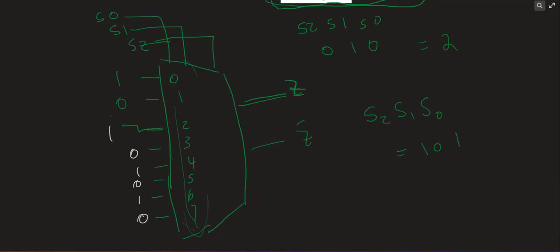Okay, so let's say I had these, and my select inputs are S2, S1, S0, and that is 1, 0, 1. So what is my output in this case going to be? What would Z equal and what would Z bar be?